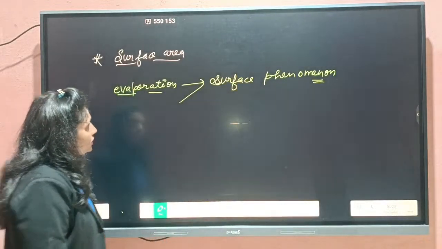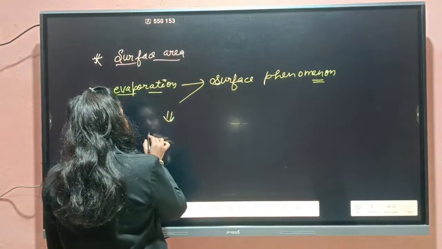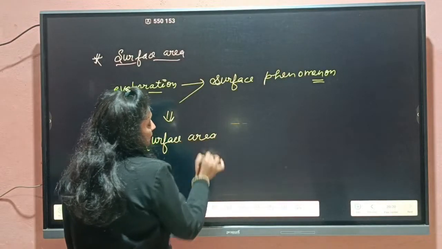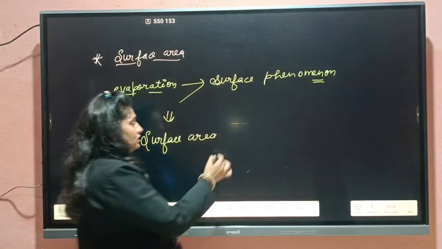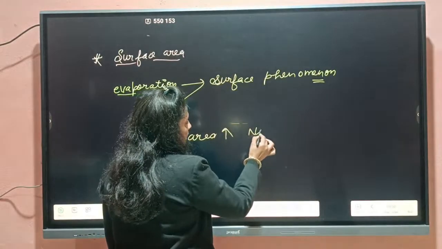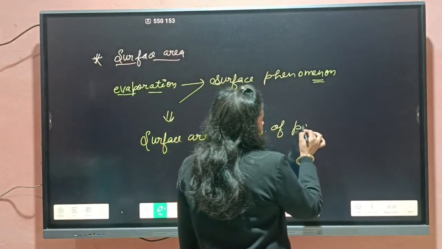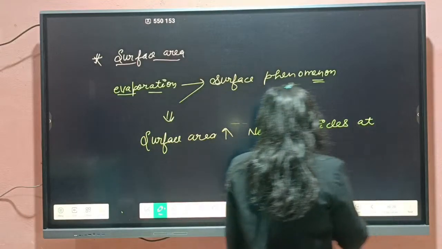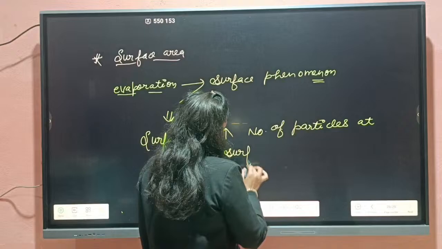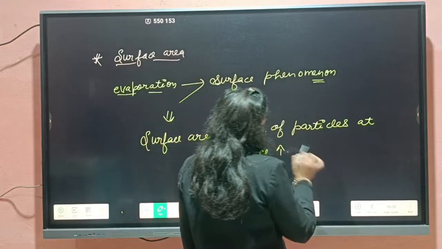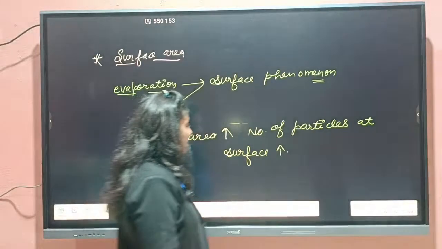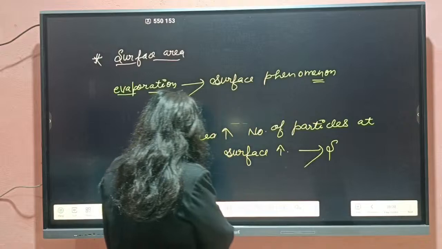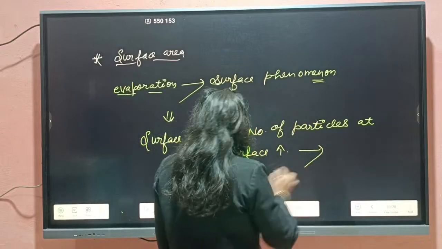So if surface area increases, then the number of particles at the surface increases. That's why we can say if surface area increases, then evaporation also increases.